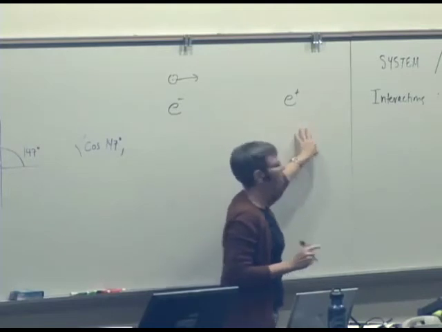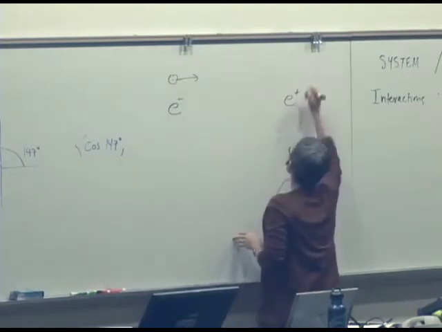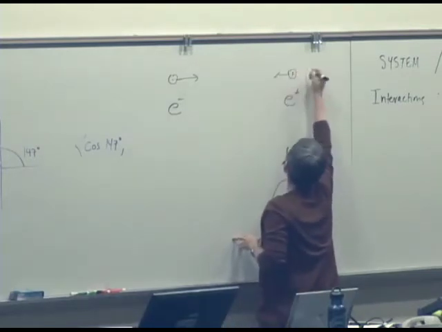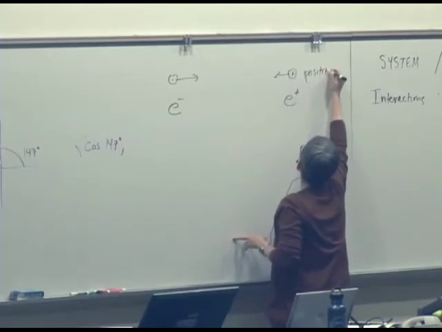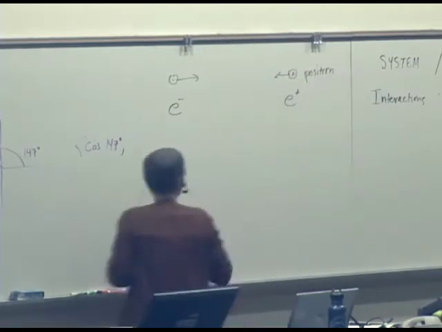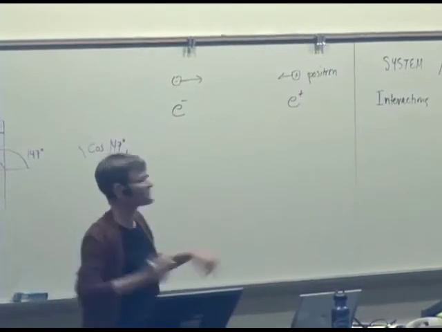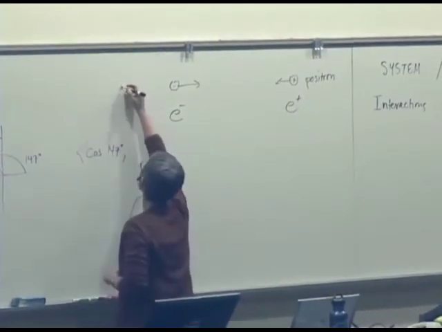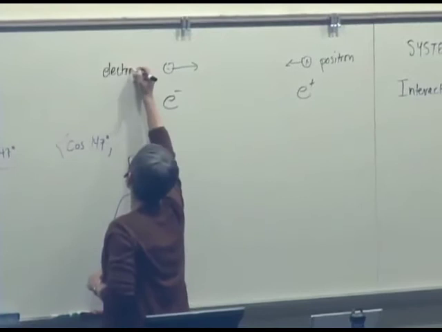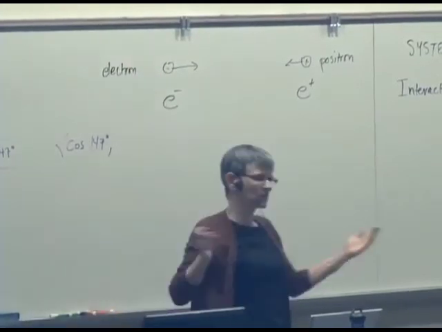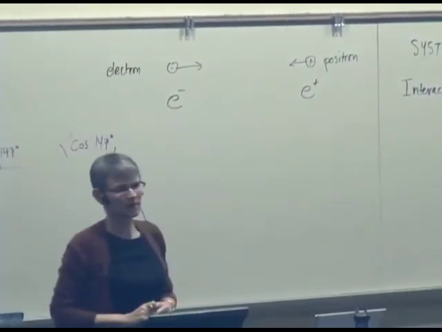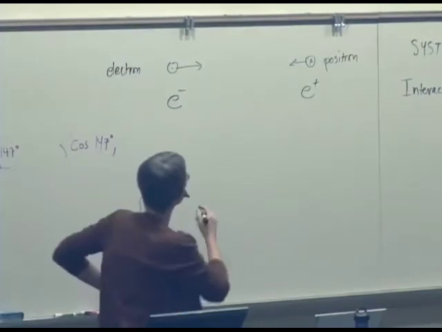It's a particle of antimatter. They're fairly easy to make in reactions and accelerators, so we actually get beams of positrons fairly easily in accelerators like Fermilab or the Large Hadron Collider at CERN.